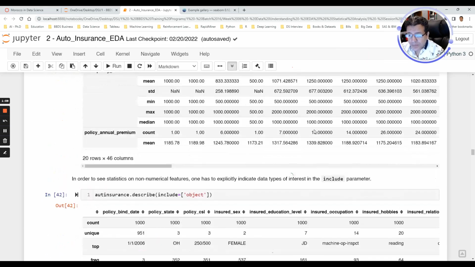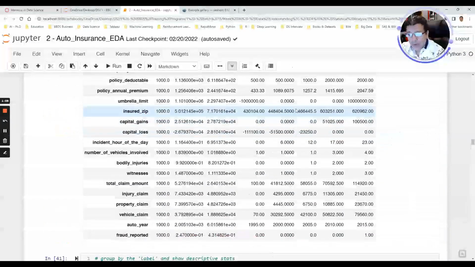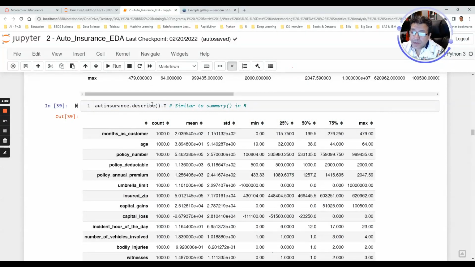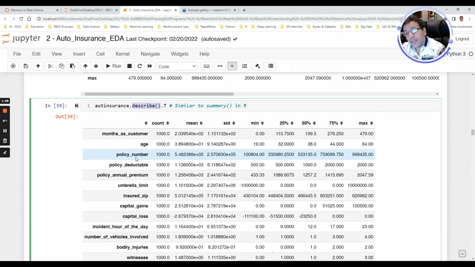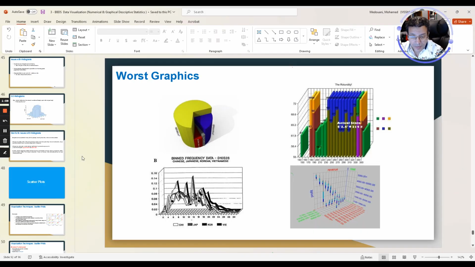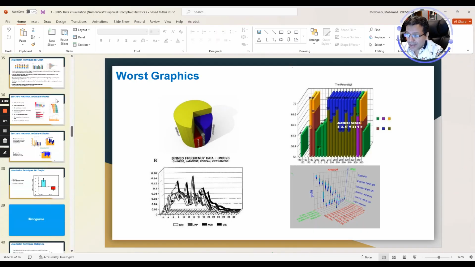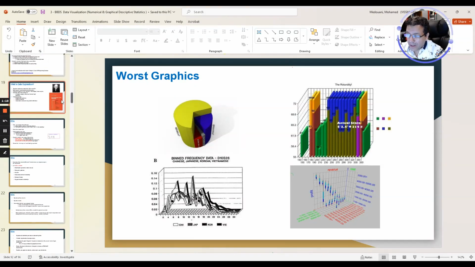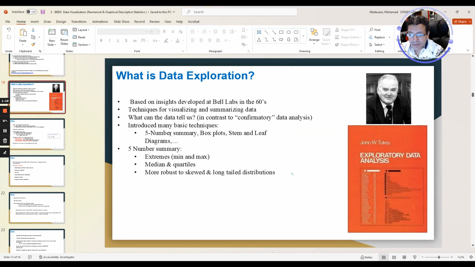Okay, so let's continue working through the file. Last week we talked about the describe function, which helps us to understand the 5-number summary of John Tukey.